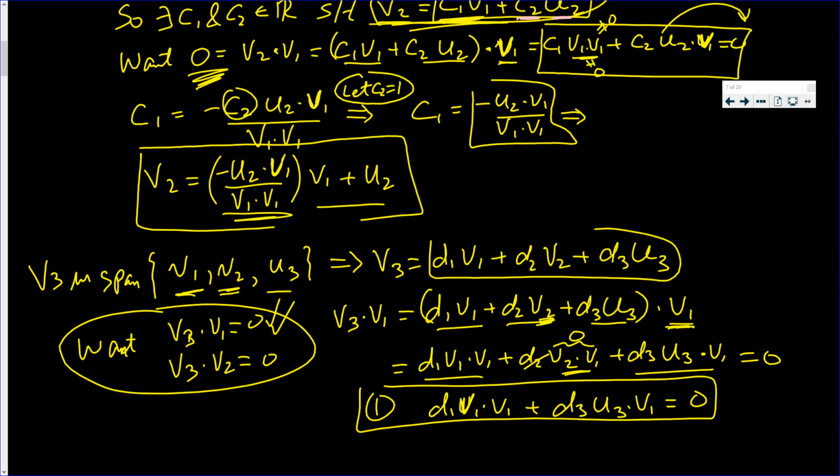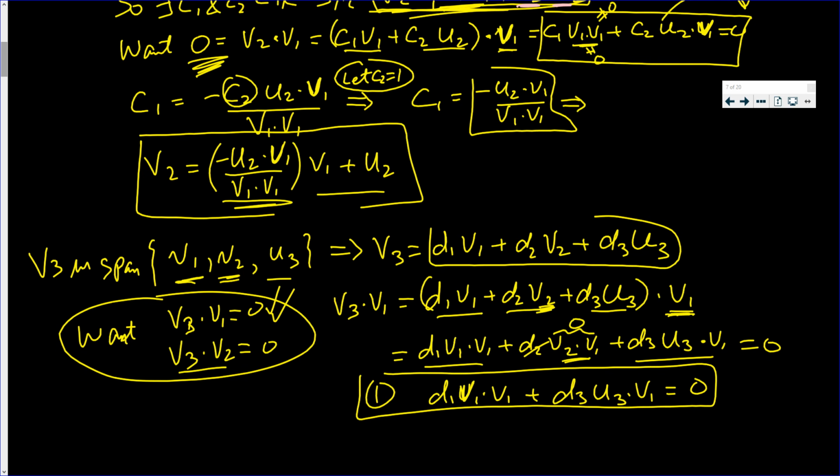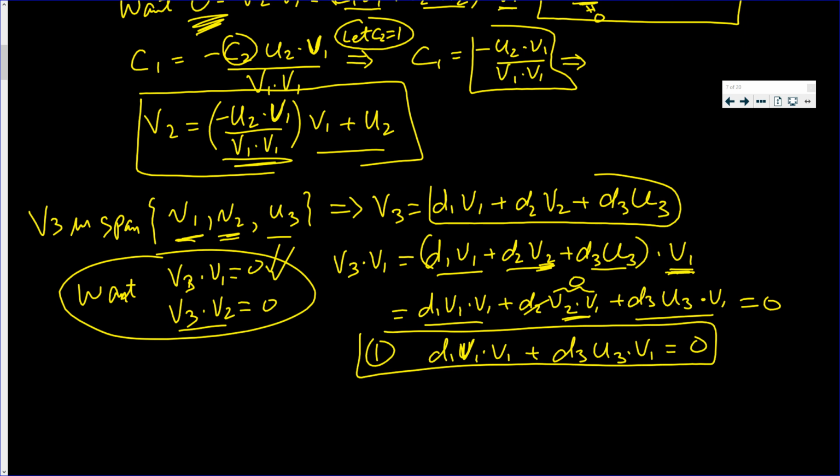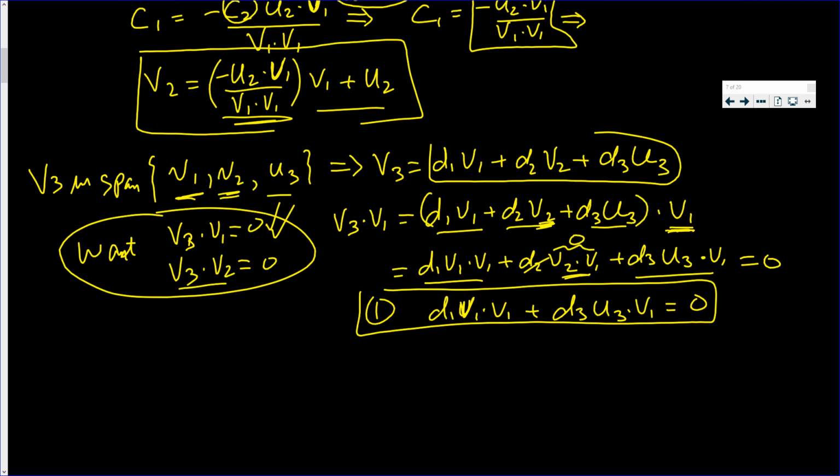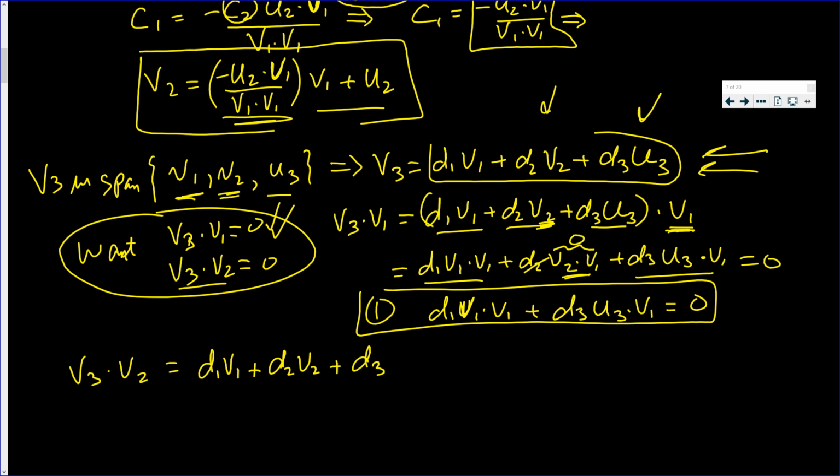Now let's consider V3 dot V2. We would just love for that to be 0 as well. V3 is d1 V1 plus d2 V2 plus d3 U3, dotted with V2.